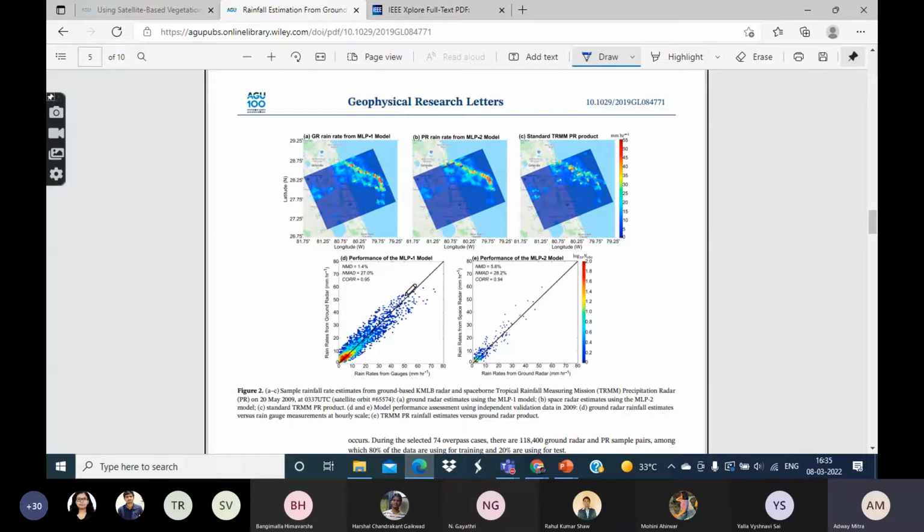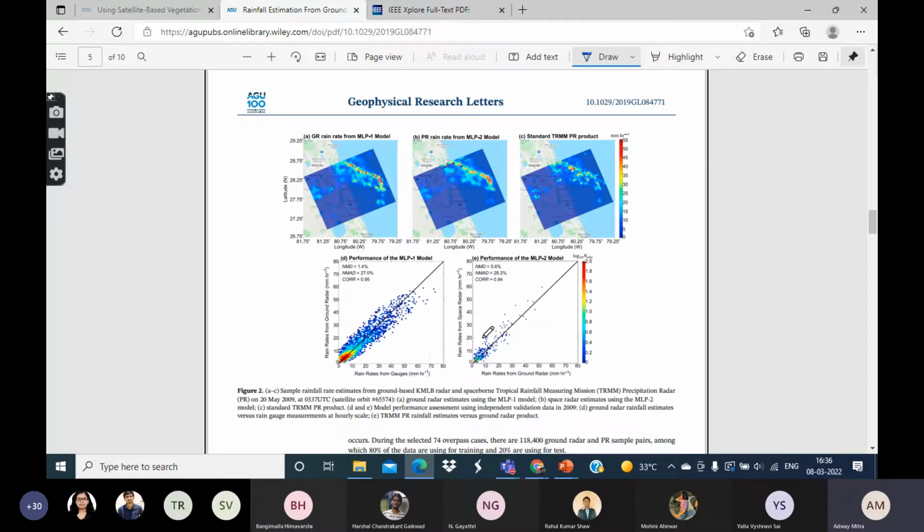And so once all these models are trained using the normal process, these are some of the results which they are getting. In this graph, on the x-axis there are the rain gauge observations, and on the y-axis there are the rain rates from the ground radar. So from its images, using MLP1 we are now able to predict the spatial maps of the rainfall, and we can see that there is a high degree of correlation with the rain gauges.